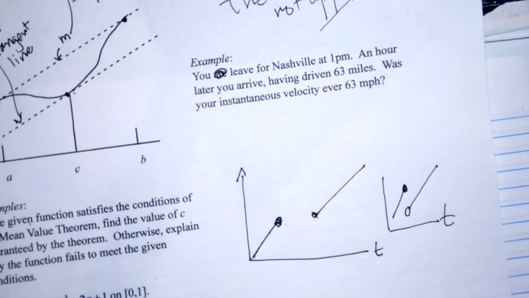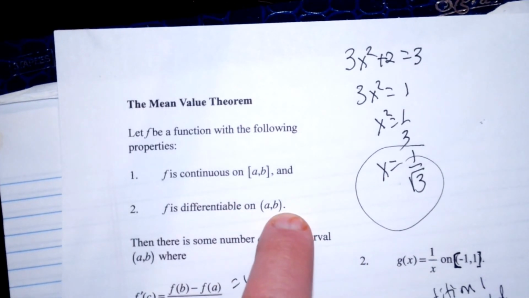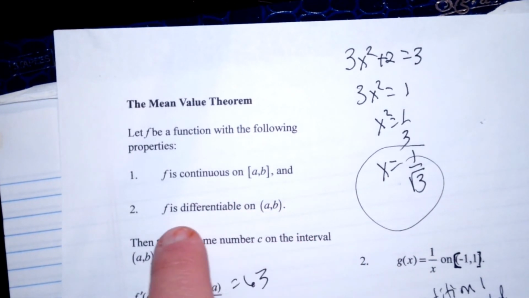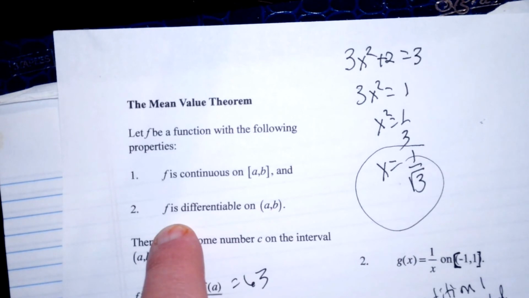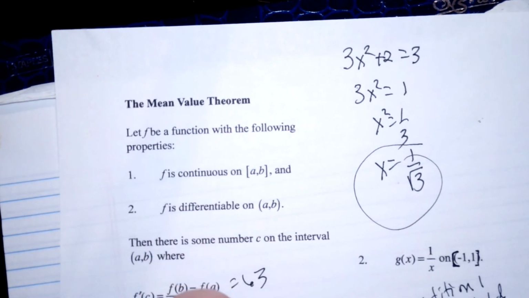And the second condition: is f differentiable on the open interval from a to b? Well, what it's asking is, does the derivative exist? Well, what is the derivative? The derivative is your instantaneous velocity. Do you have an instantaneous velocity all the time during that hour, even if it's zero, that's okay.